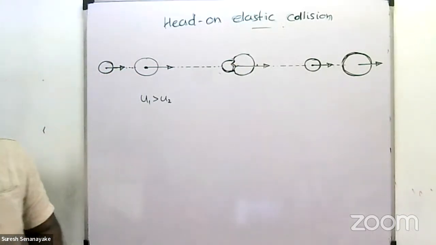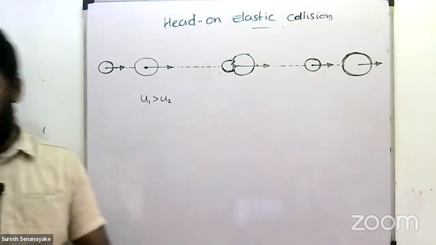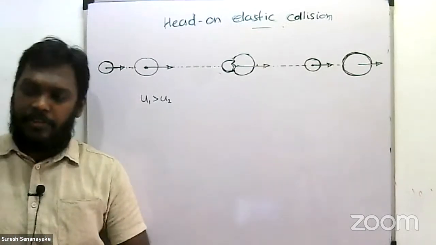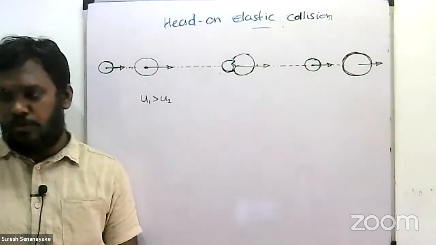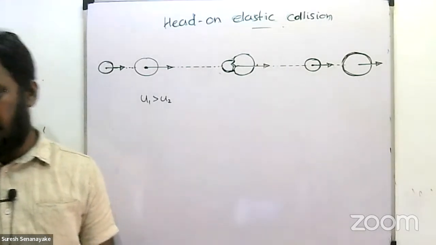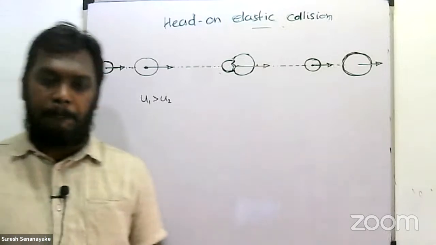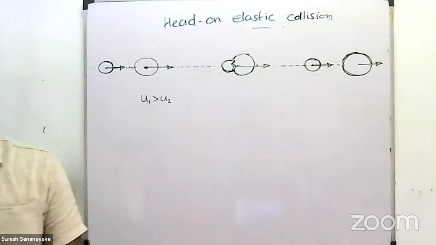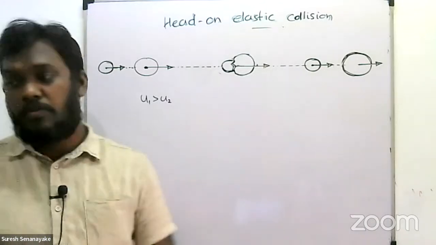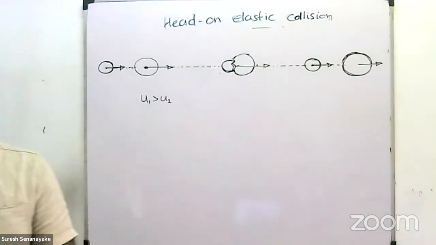Okay, then write: let after collision their velocities become v1 and v2 in the same initial direction.